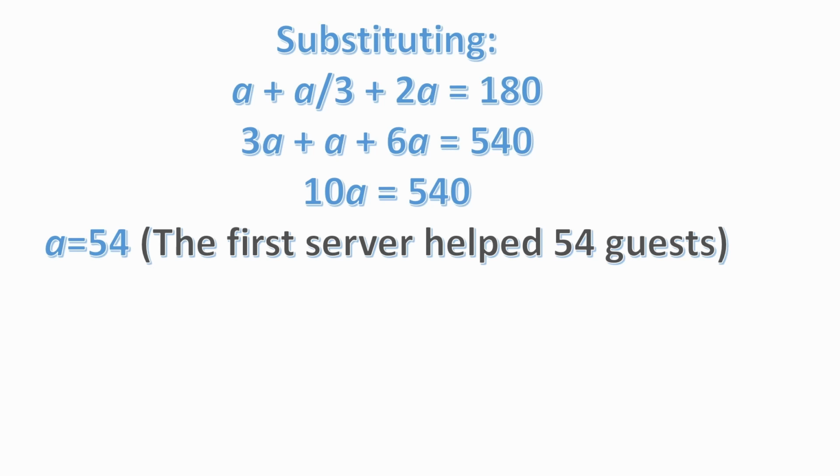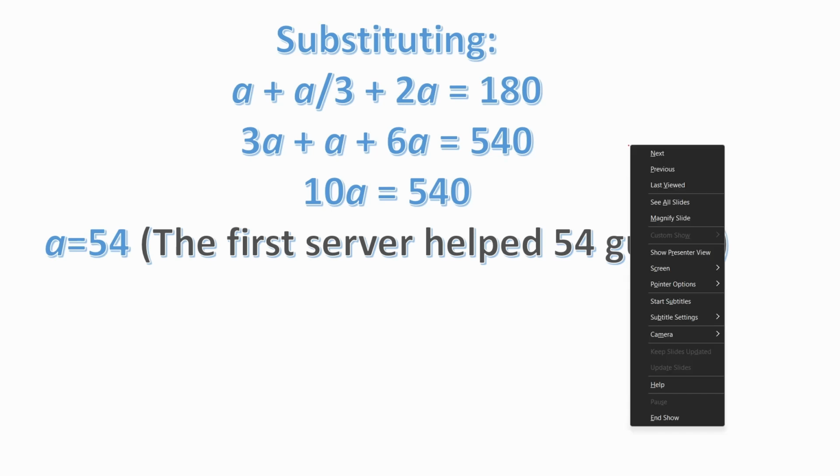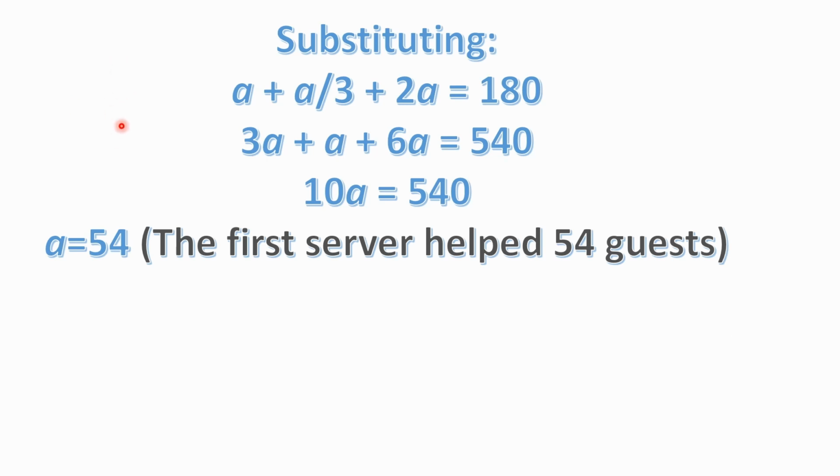Now it's a matter of substituting. Let's do it in terms of A. The first server served a number of guests, represented by A. The second server would be A divided by 3.